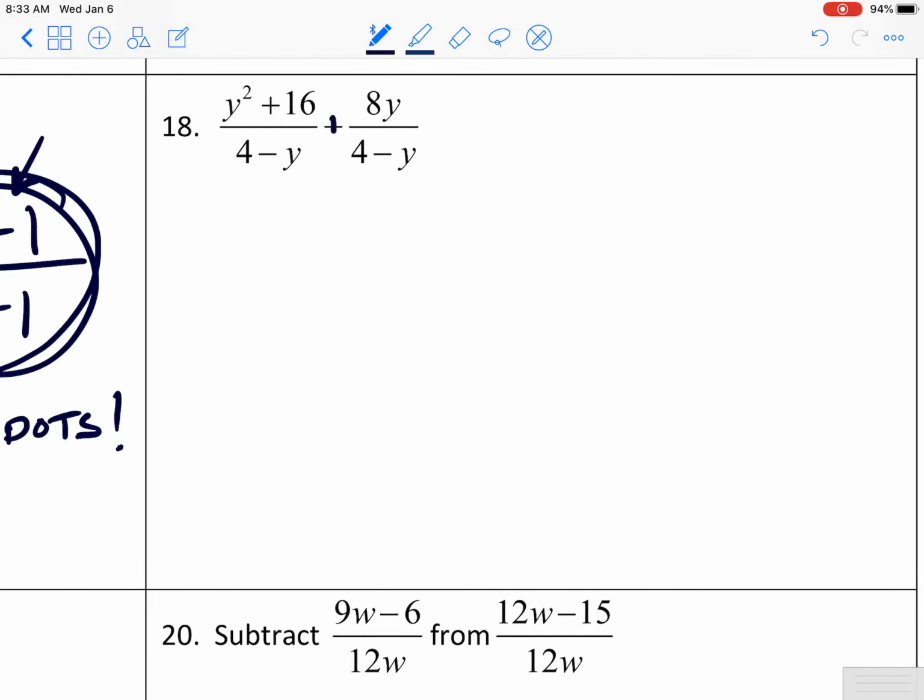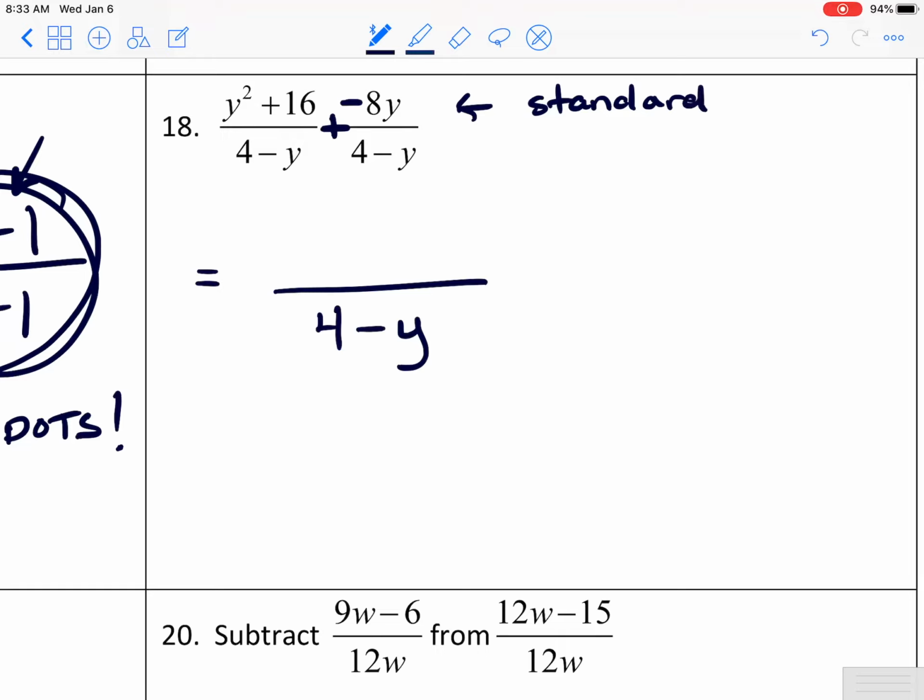All right, number 18, I got another subtraction. So change your subtraction to addition and change that sign. Kind of looks like one we had earlier. So if I keep the 4 minus y, now again, I'm going to write this in standard form.